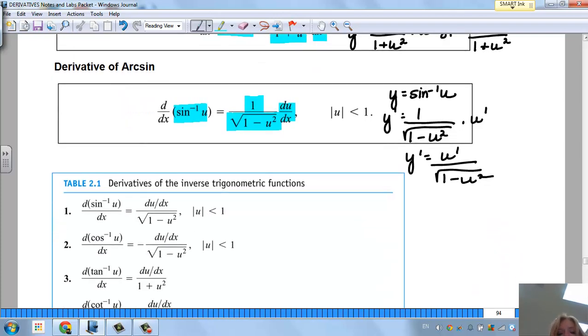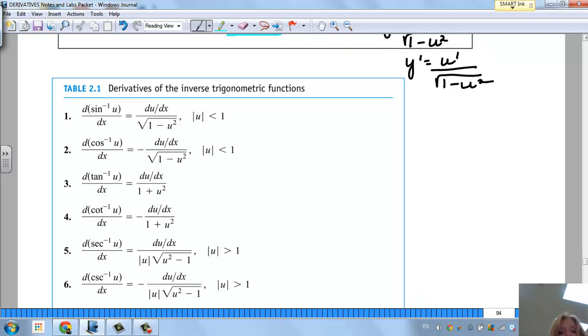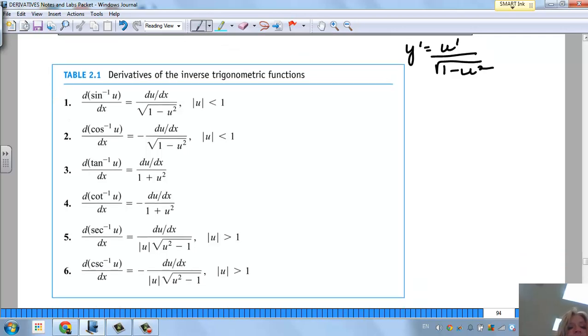I have here listed all 6 actually. I just showed you the inverse tan and the inverse sine right here, but here are the other ones. You've got inverse cosine. This looks very similar to the arcsine, except it's negative. So we're going to write your derivative this way. I know we've already done the card, but it's nice to have it.